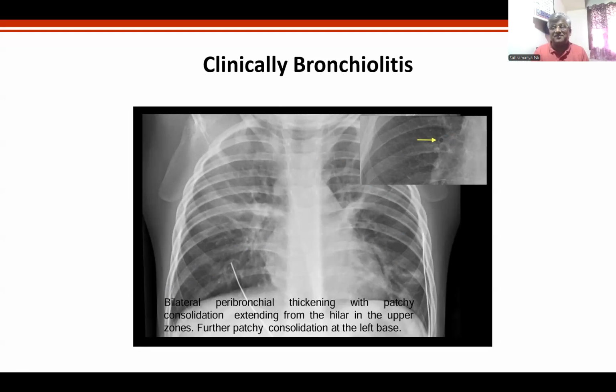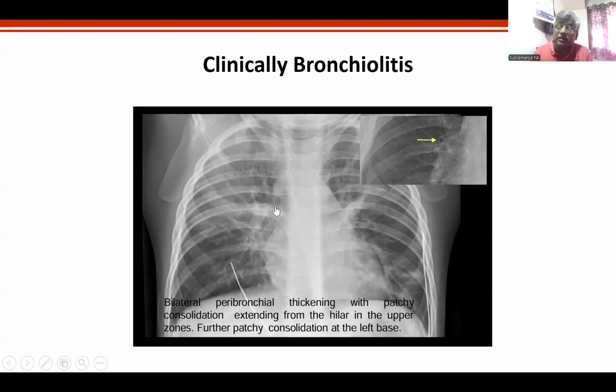Very subjective, very difficult. You understand, in bronchiolitis there is air trapping and hyperinflation because the lower half will have more air, and you will have flattening of the diaphragm, microcardia, and pruning of the vessels as you move outwards. These are all indirect signs of bronchiolitis.